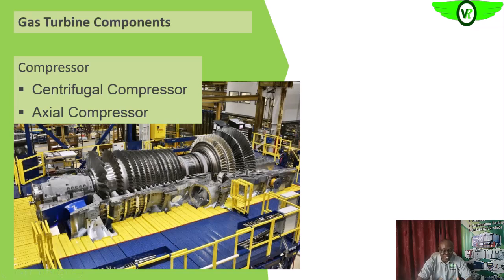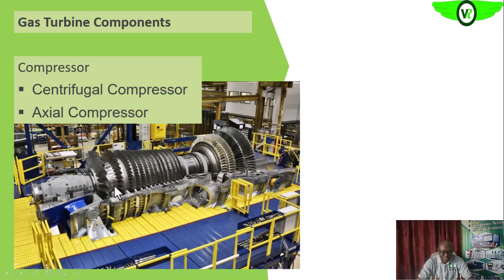So on each stage, whatever air is drawn into the gas turbine will be compressed, its pressure will be increased, on each of these stages. If you look at it, you'll see that the increase is done along the axis of the rotor.